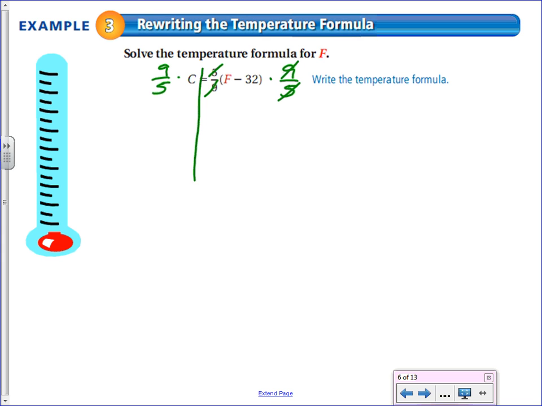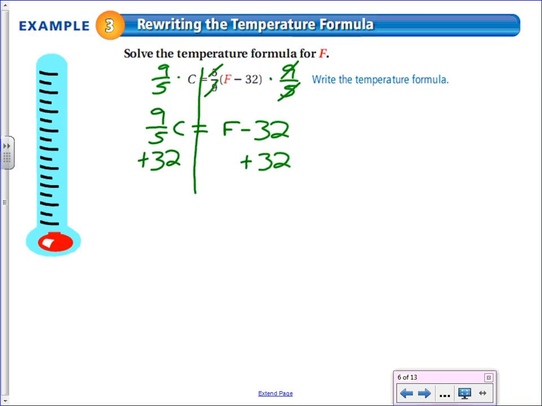Let's draw our line through the equal sign. Okay, so I have 9/5 C equals F minus 32. That looks like a much easier problem to manage. Okay, so I still have to get the F by itself. The opposite of negative 32, or the inverse operation, would be adding 32 to both sides.